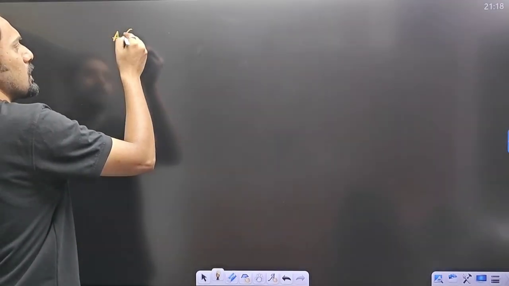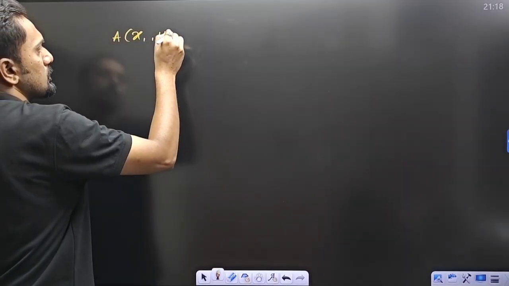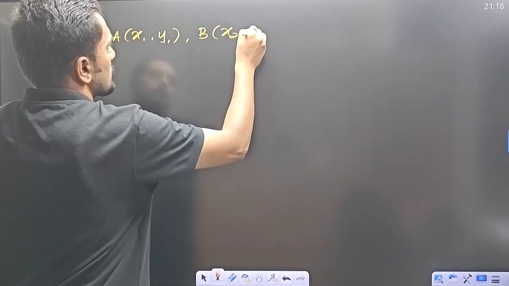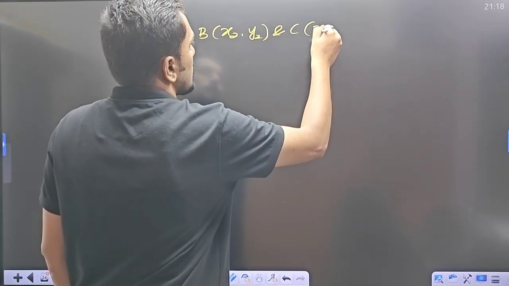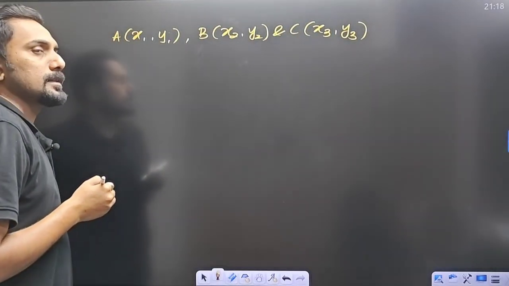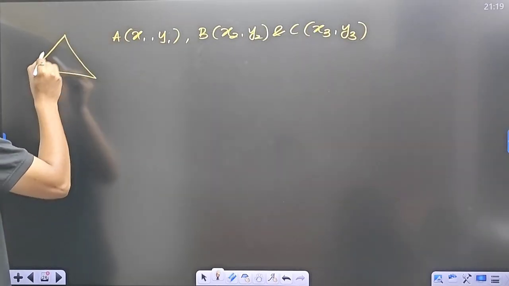Suppose the vertices are A of x1 comma y1, B of x2 comma y2 and C of x3 comma y3. These are the 3 vertices of a triangle ABC.